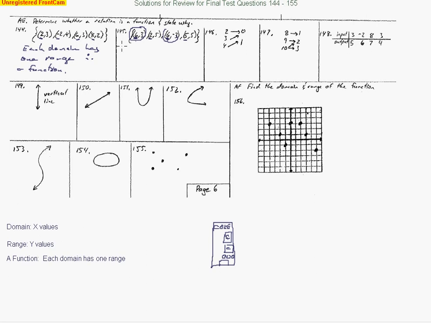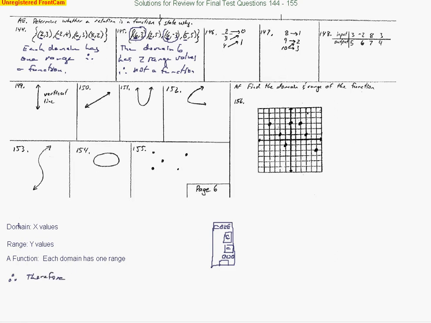So we would say the domain 6 has 2 range values. And so we'll say, therefore, not a function. And so again, my little symbol here, this little 3 dots that make that triangle, just means therefore.